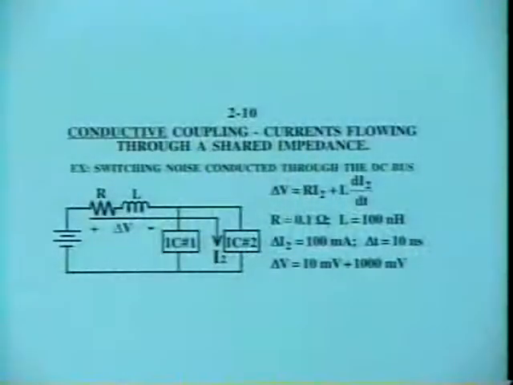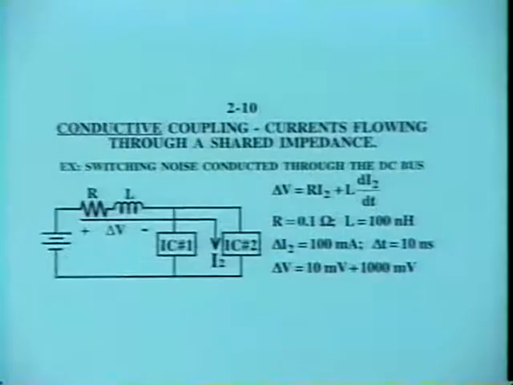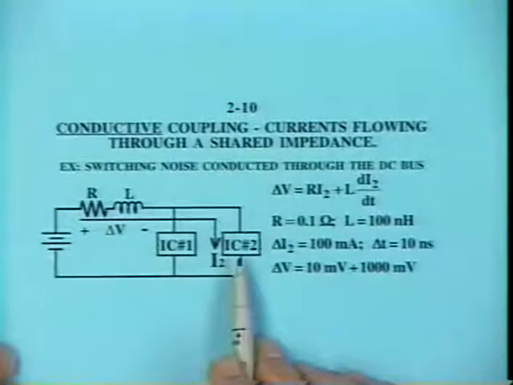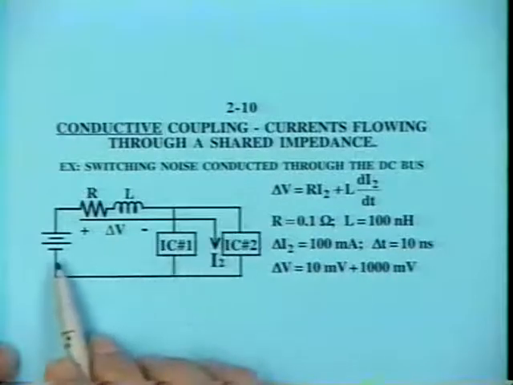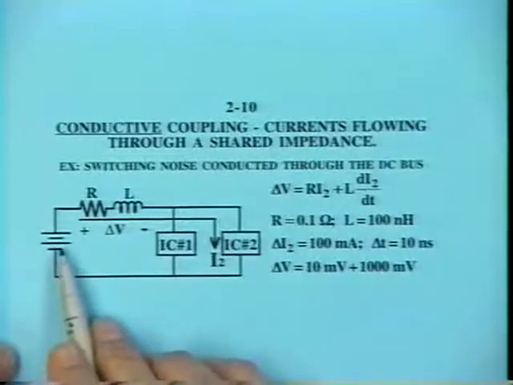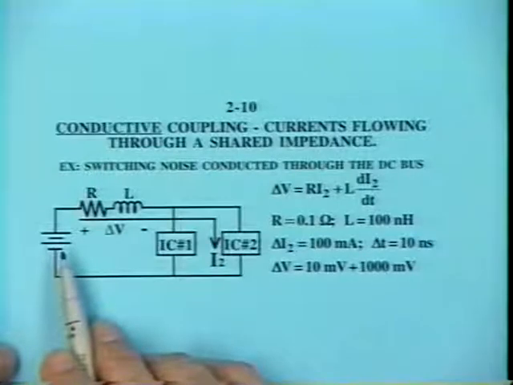Let's look at this example. We have two integrated circuit chips sharing the same DC supply. Maybe they're digital circuits. Let's assume they are digital, so this might be a 5 volt or a 3.3 volt, or, well, I guess nowadays we're using all sorts of voltages, 1.8 volts and so forth.